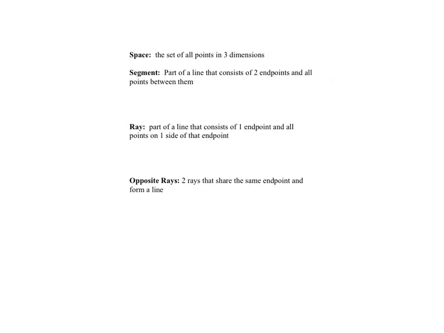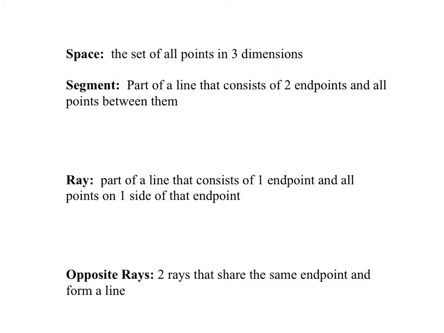Then, moving on. Last 4 terms, and then one last example for you. Space is the set of all points in the 3-dimensional world. So everything's in space, right? Space is all around you, okay? A segment is, instead of a line, right?